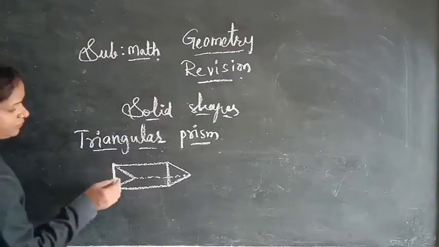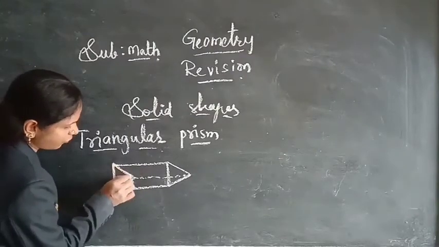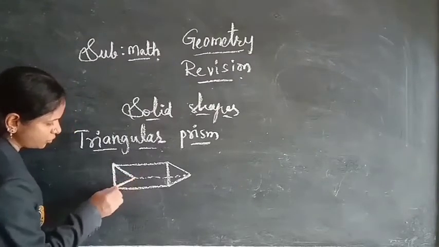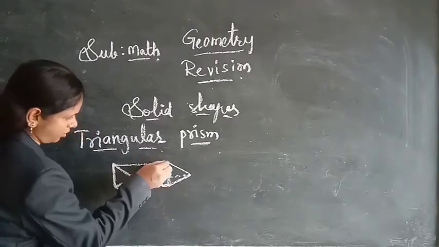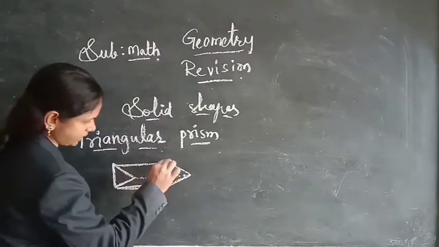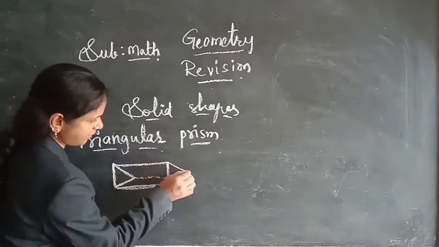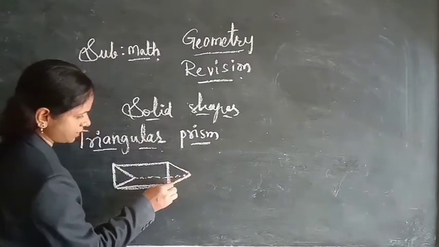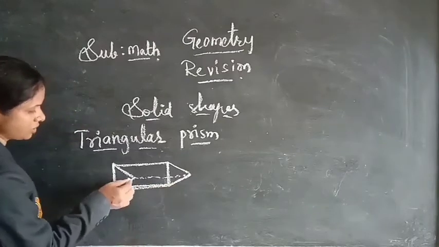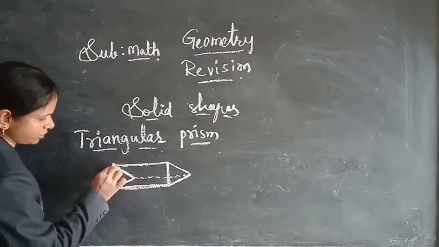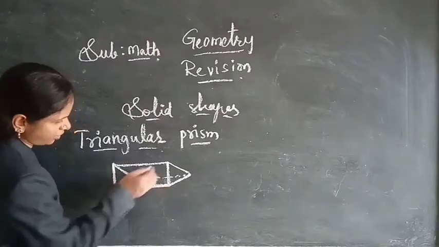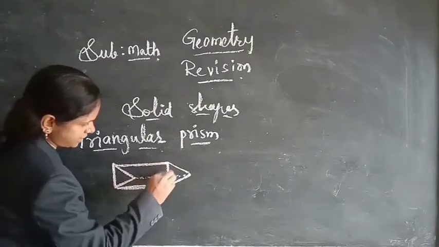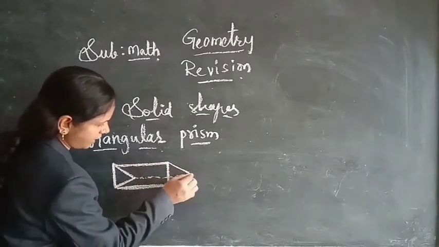Now you see here, how many edges does this have? First 1, 2, 3, 4, 5, 6, 7, 8. Once again let's count. 1, 2, 3, 4, 5, 6, 7, 8.